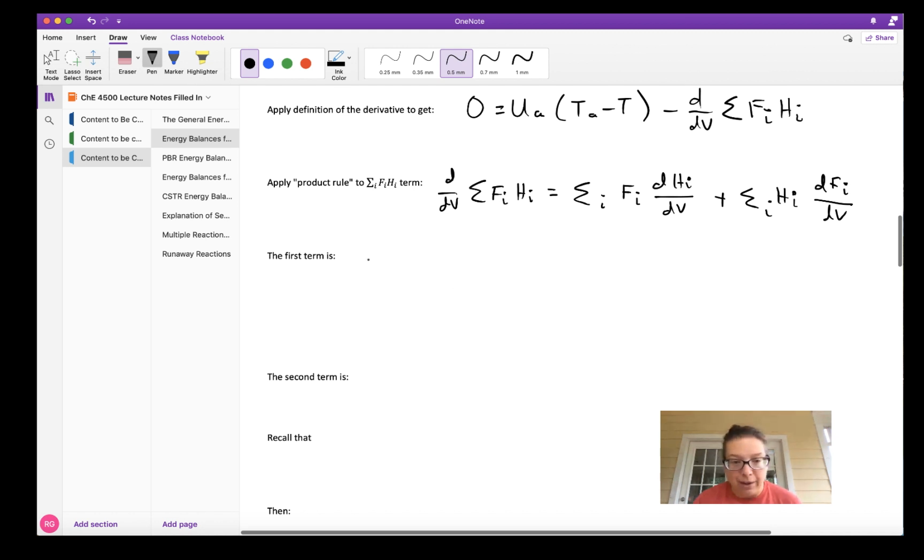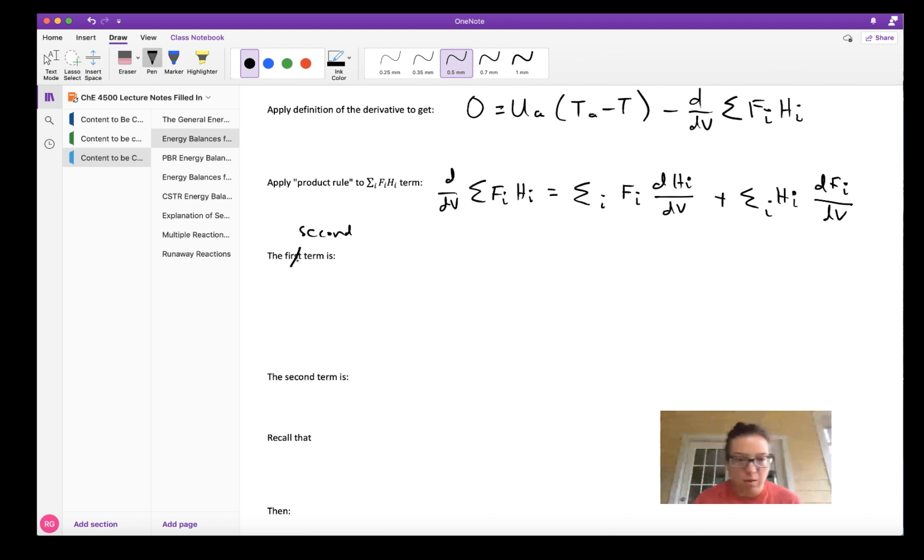Actually, I did that backwards from what I meant to do, so we'll say the second term. This should look kind of familiar. What do you notice about this term? This is the mole balance, dFi/dV, for a tubular reactor, a PFR or a PBR, multiplied by the heat of formation.